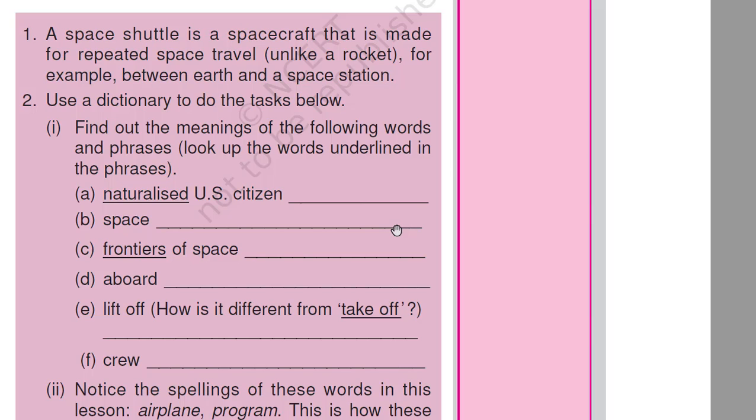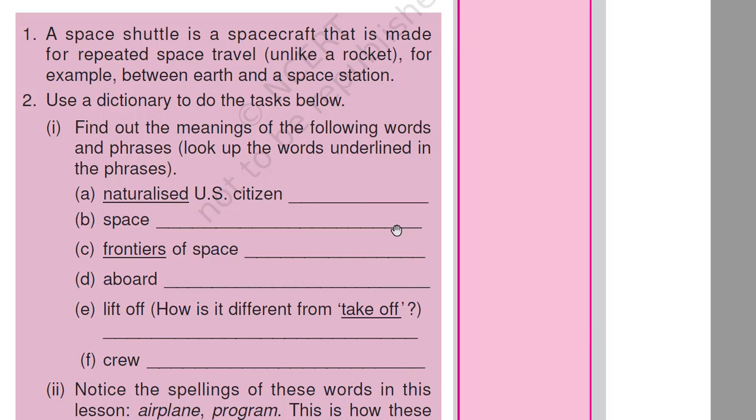It is a spacecraft, not an aircraft. It goes into space and can travel repeatedly between Earth and space. It is unlike a rocket, because a rocket we cannot use again once it is launched, but a space shuttle we can use again.